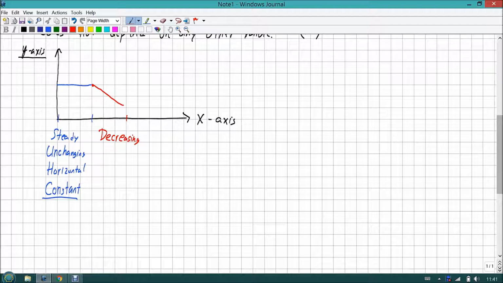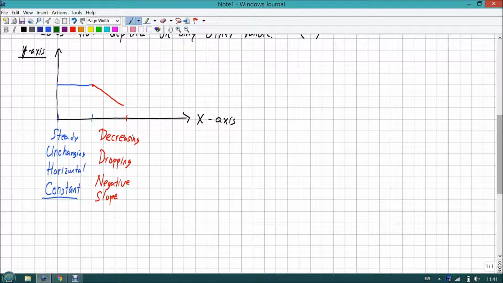This would mean that it would be dropping. Its value would be dropping. Or that we would have a negative slope. All of these are different ways of saying the same thing.